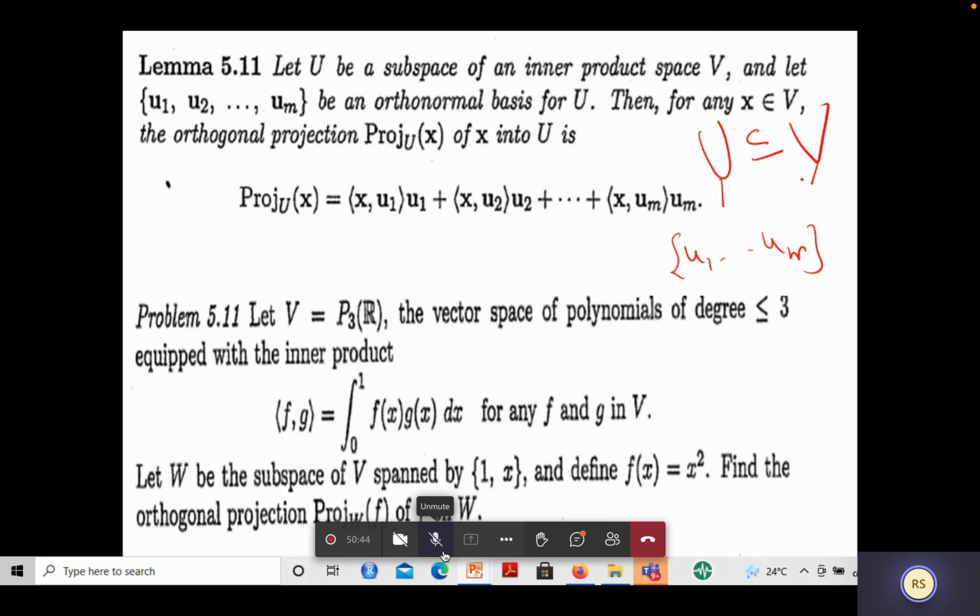I am considering any vector X from V. If you project X on U, what is that projection? It is a vector, given by the inner product of X with U1 into U1, plus X with U2 into U2, like that. Take this formula, try to read it once or twice so that we can apply it in that problem.